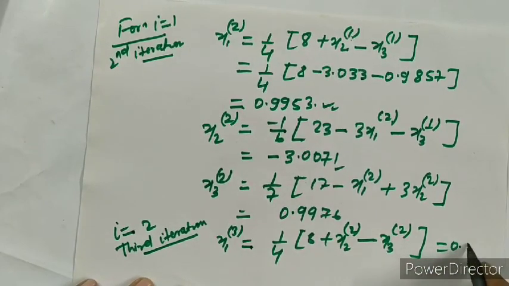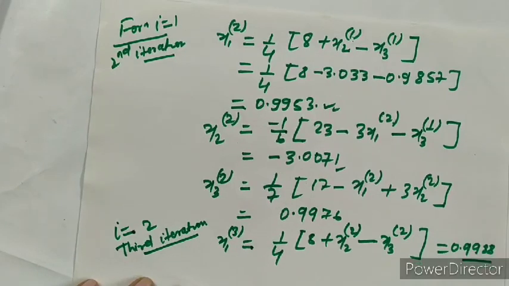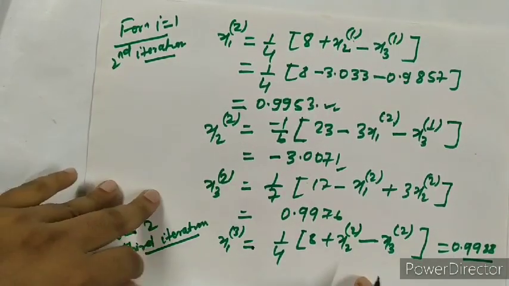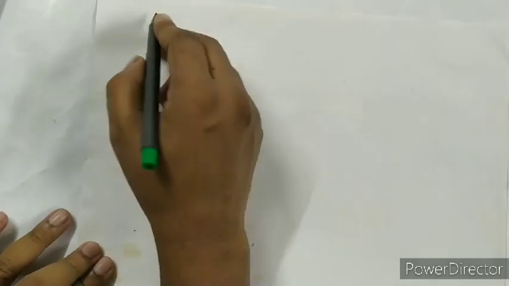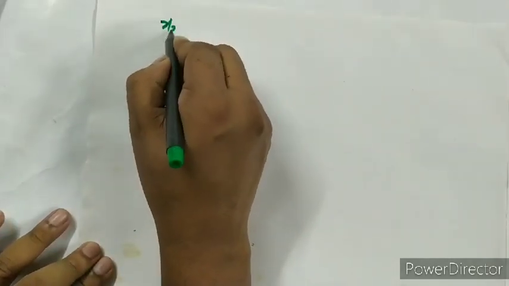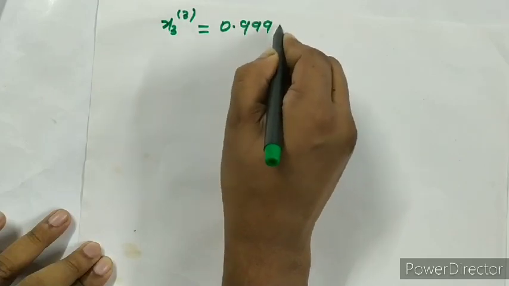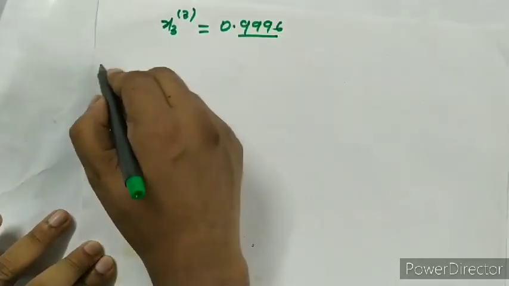Finally we get 0.9988. This is the value we get at the third iteration for x1. Similarly, x3 at the third iteration we will get 0.9996.